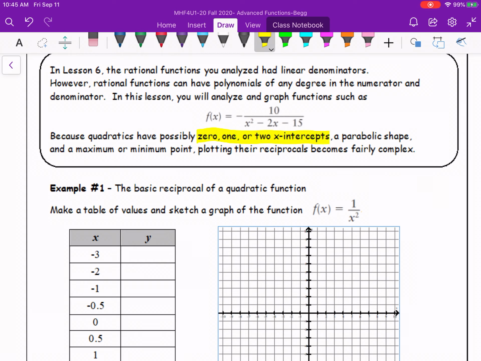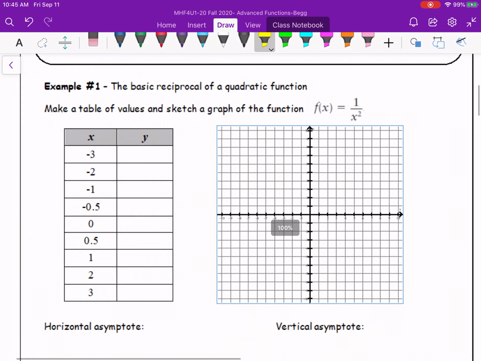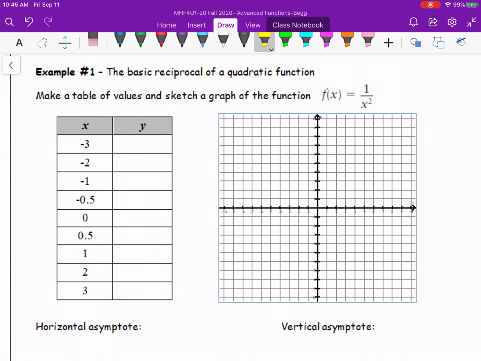Because remember, x-intercepts in the denominator give us a y value of 0 for any x-intercept, which means that we're going to have division by 0 for any of those that occur in the denominator. So it's going to give us more asymptotes, and it's going to make the graphing a little bit more complex, although not too bad as long as you get some basic rules down.